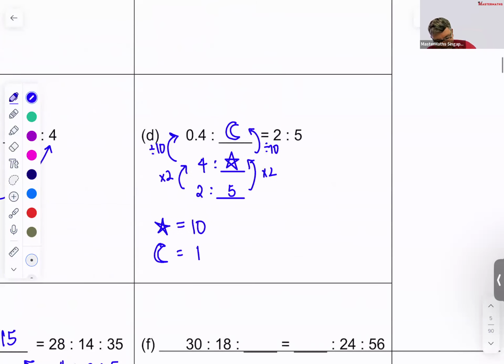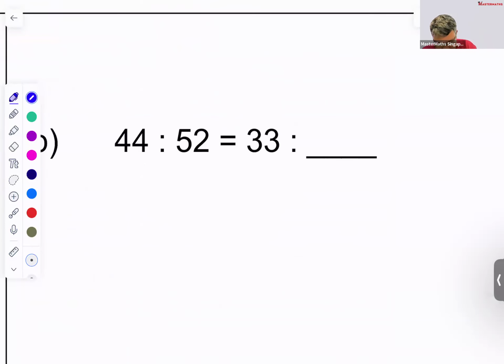Okay, let's see if we got this right. 44, 52. Divide by 4 is 11. 52 divided by 4. Can. What is it divided by 4? Come on. 13.